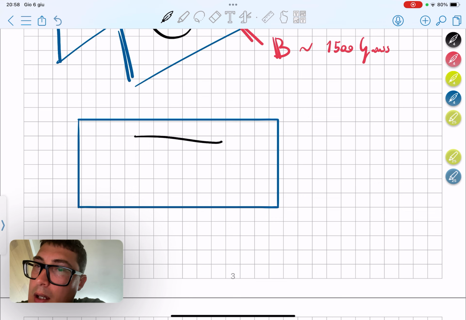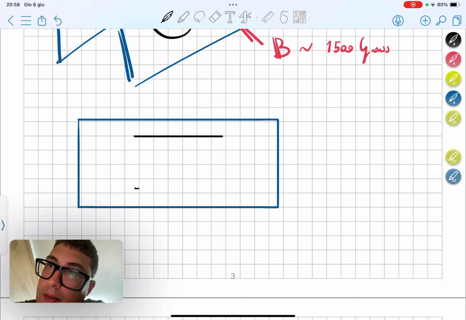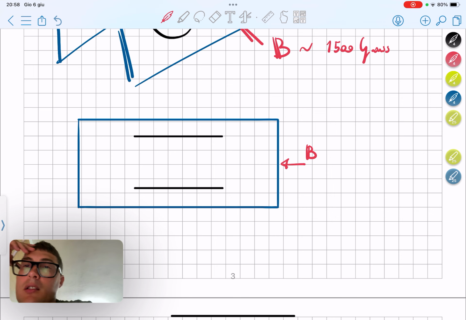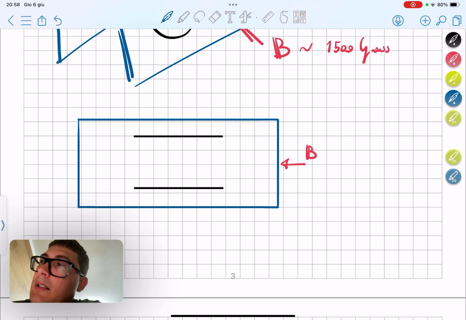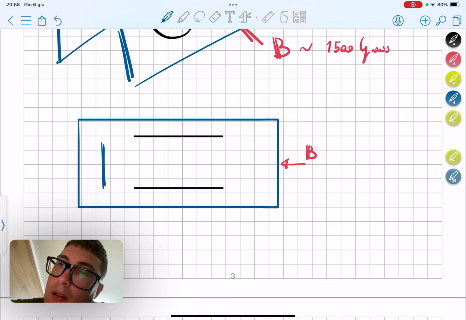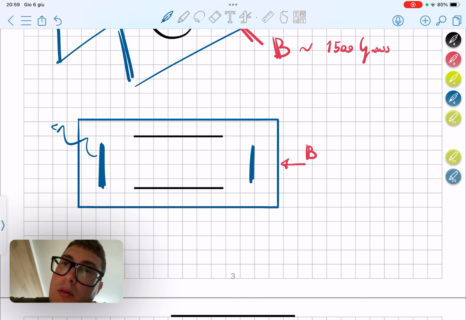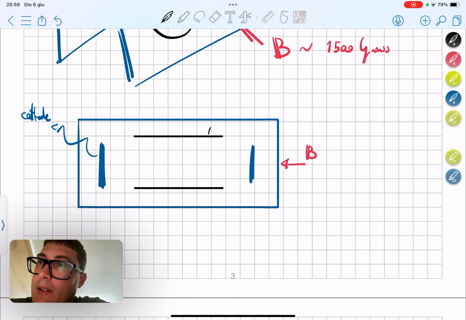We have the anodic part, which looks like this. We have said that there is an external magnetic field, whereas the cathodic part is something like this. This is the cathode, and this is the anode.